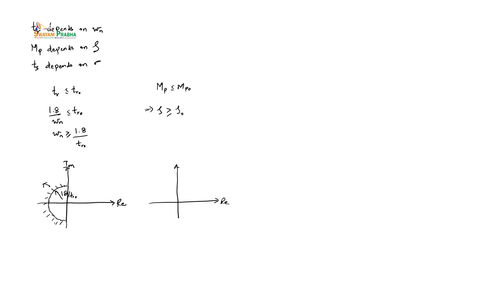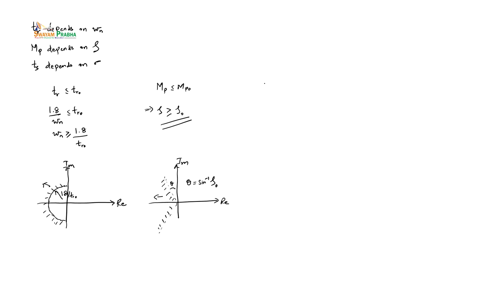We can draw a line whose angle theta is equal to sine inverse of zeta0, and any pole situated in the marked region beyond this line satisfies the condition that zeta is greater than zeta0.